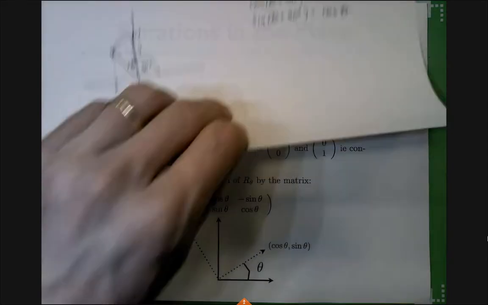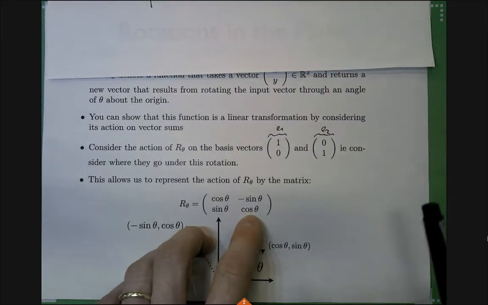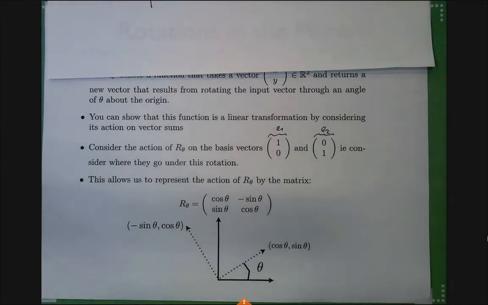And that's indeed exactly the second column: minus sine theta, cosine theta. And again, it's the rotation of the E2 vector by angle theta in the plane, counterclockwise of course. It would be clockwise if theta was negative. If I said minus 30, that would mean rotate clockwise, all right?